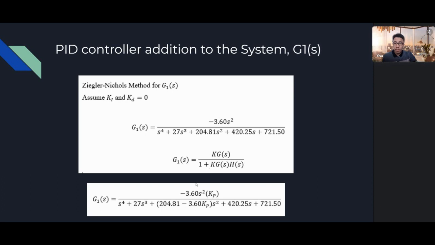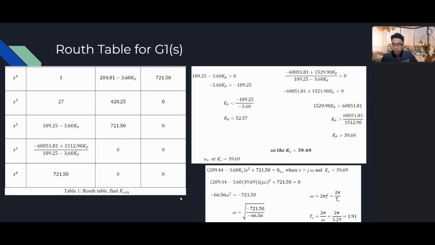This is our closed loop system transfer function. And then from the new characteristic equation, we input the table, and then find the critical.